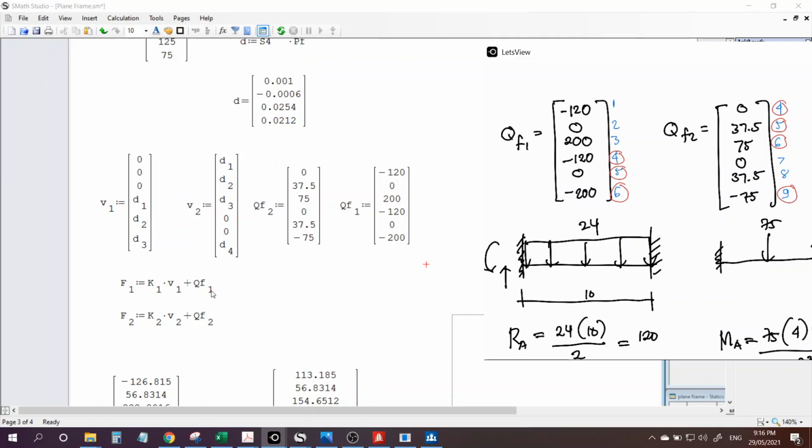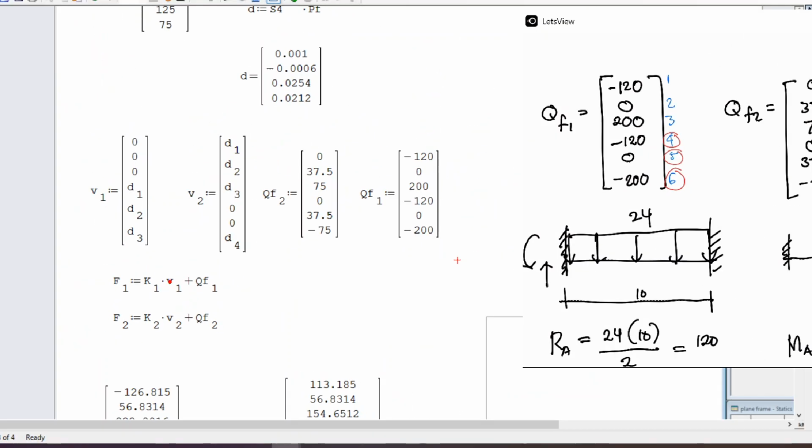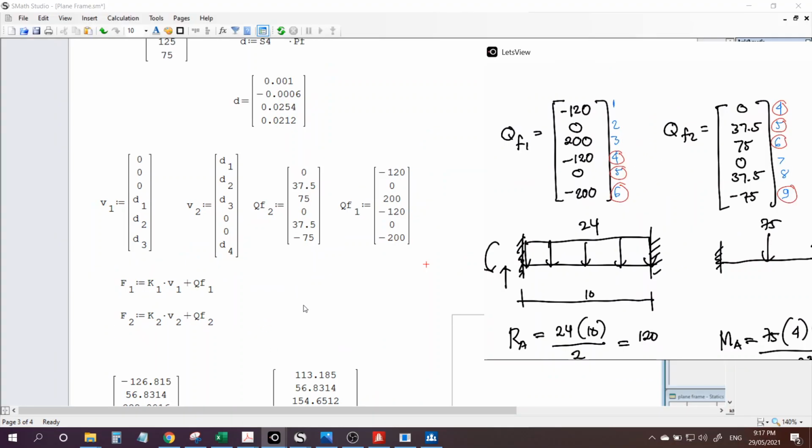We now know v1, we know k sub 1, and we know qf1. We can get the member end force for member 1 and for member 2, which is this.